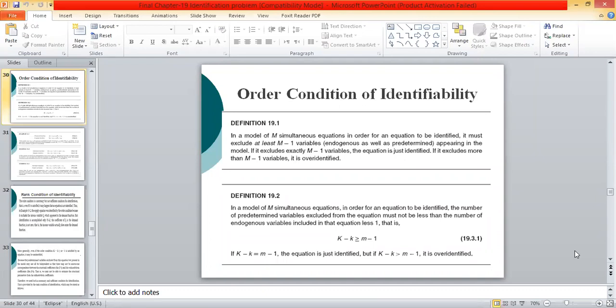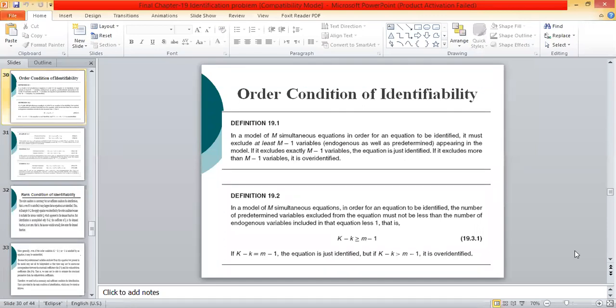Given equation means the equation of your interest, the equation for which you are looking at the identification. So take the difference of the two numbers, the total number of variables in the model and the total variables in the equation. If the difference is greater than M minus 1, the equation will be over identified, and if the difference is equal to M minus 1, the equation will be exactly identified.